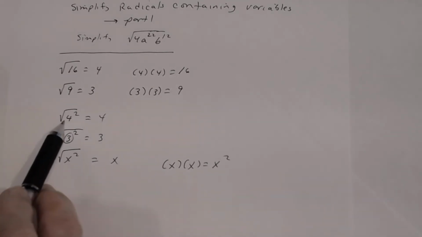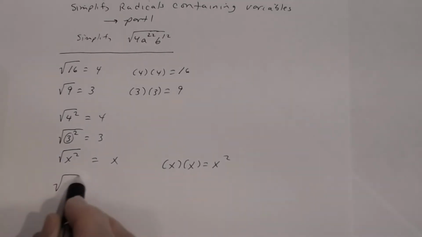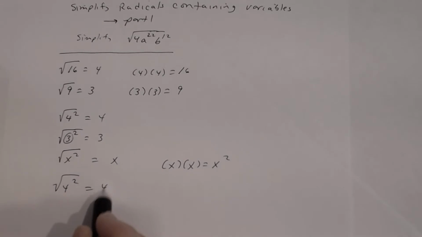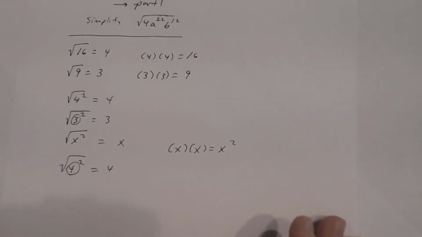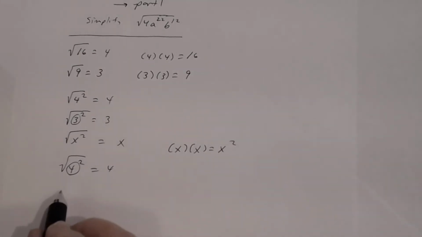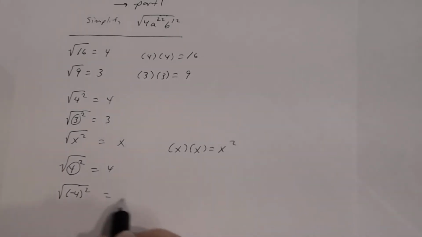All right, well, we know it's true here. The square root of 4 to the second power is 4. It's just that base, because 4 squared is 16 and the square root of 16 is 4. But what about negative 4 squared? Is the square root of negative 4 squared equal to negative 4?